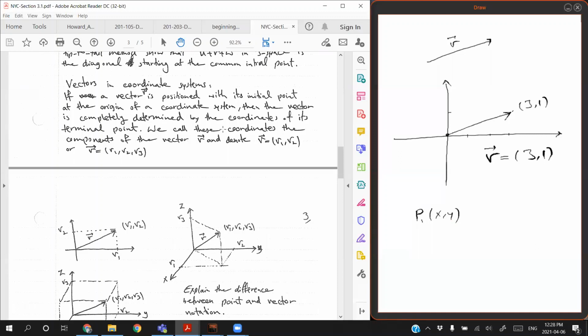But when you're dealing with vectors, like for example vector v1, you're going to put an equality sign here. So that's the difference in notation. Whenever you see that there is no equality sign, then we're dealing with a point. But if there is an arrowhead on top of v, then you know it's a vector, and there's also the equality sign.